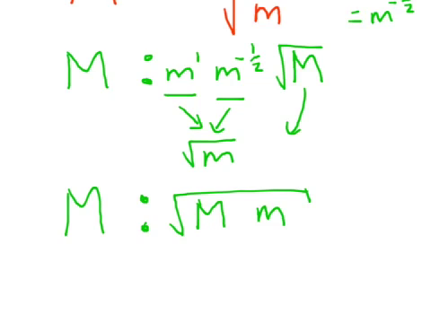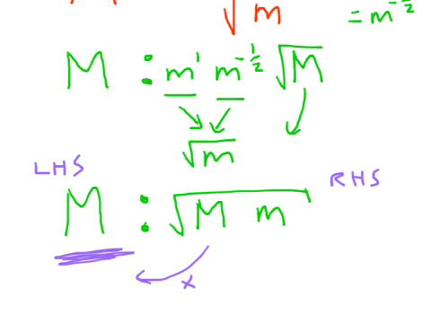We can see hopefully straight away that this is going to be larger, and we can perhaps work out a factor by which we would have to multiply the right hand side, that's on the right, to reach the same value as the left hand side. So if it was just square root of m by itself, we would have to multiply by square root of m to get m.